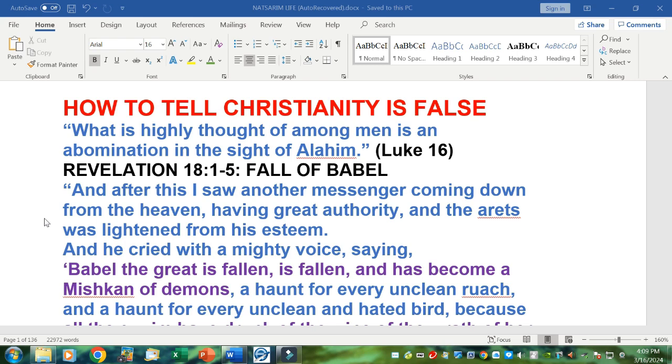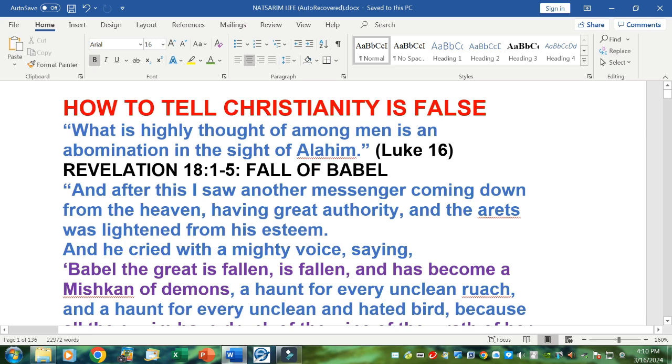And Revelation 18, 1 through 5 says this. It's about the fall of Babel. And after this, I saw another messenger coming down from the heaven, having great authority, and the Eretz, that's the earth, was lightened from his esteem. And he cried with a mighty voice, saying, Babel the Great is fallen, and has become a mishkan of demons.